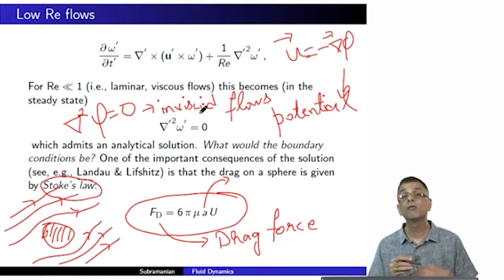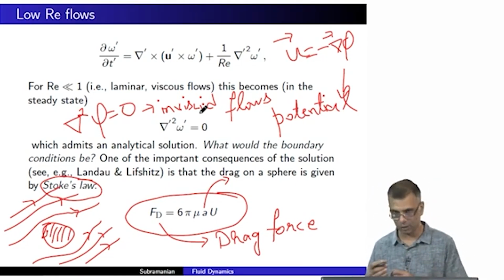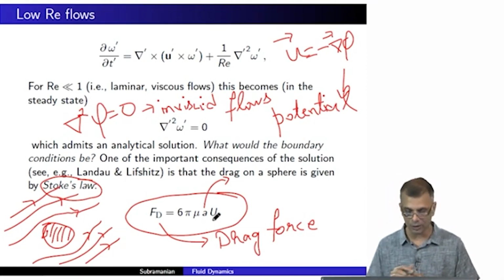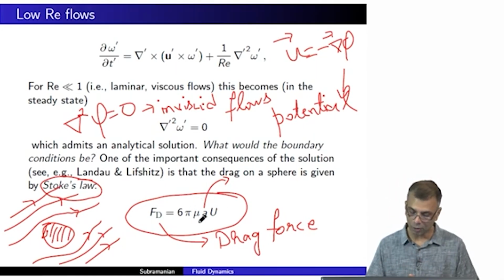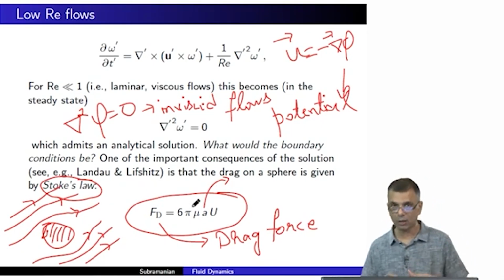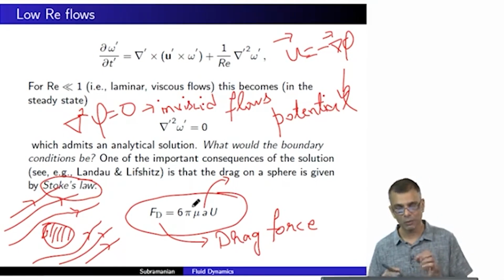And from this, one can show that the drag due to a viscous fluid flowing past a smooth solid sphere is given by this. The main thing to note is that the drag force is linearly proportional to the velocity. Okay, and the viscosity coefficient also finds a place in here. This is not the case when we start talking about a high Reynolds number situation. So we'll stop here for the time being.